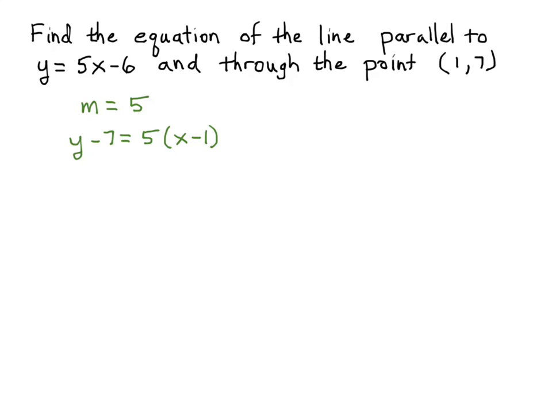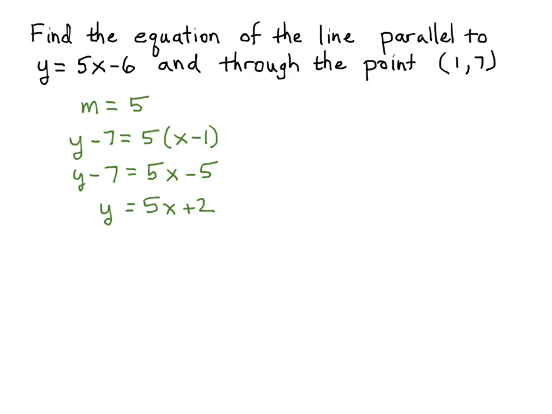Okay, so here we are. This is just inserting the point values for x1, y1, and then we simplify it by distributing the 5, adding 7 to both sides, and we get our line. See, there's not very many steps there. You don't even have to write down the m equals 5, because with a parallel line you have the same slope, so you just retain that slope, you put the other point in there, and you'll get the intercept.